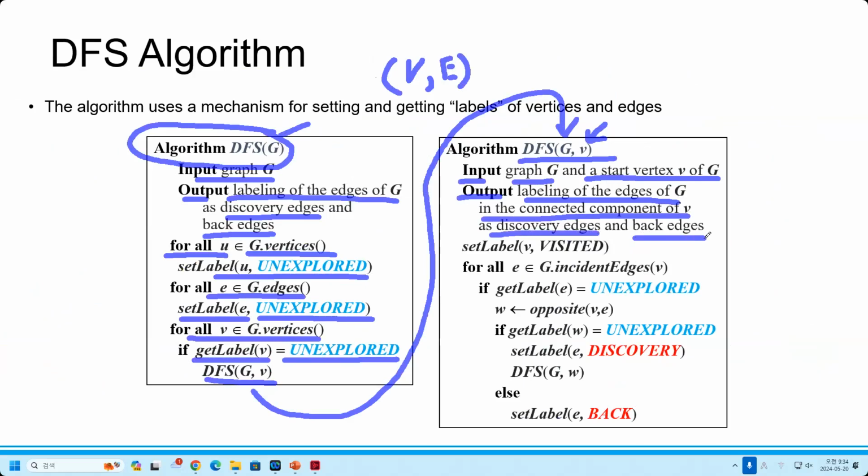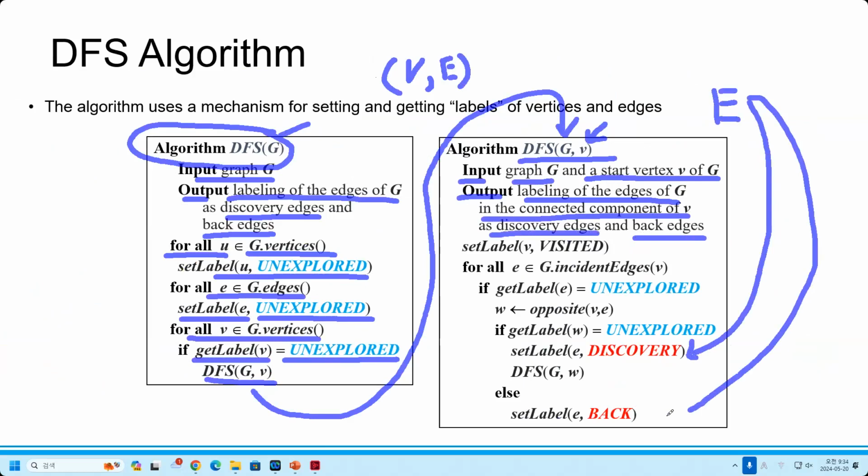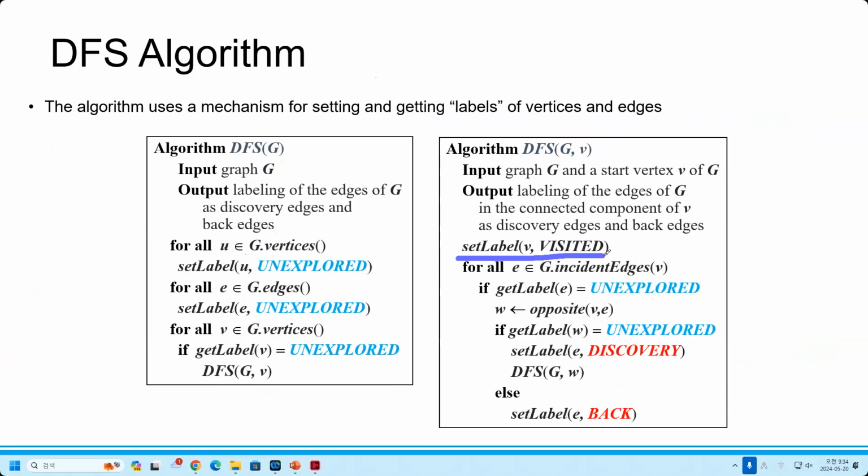So we want to know for each edge whether it is a discovery edge or a back edge. First, we set V as visited, and then we are going to check the incident edges of V. Do you know what an incident edge is?